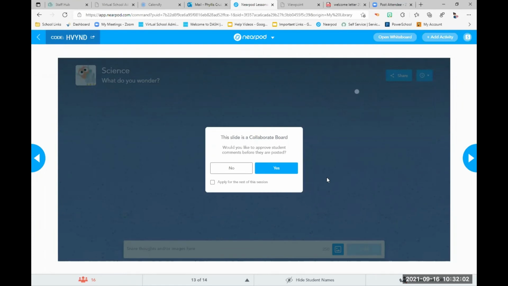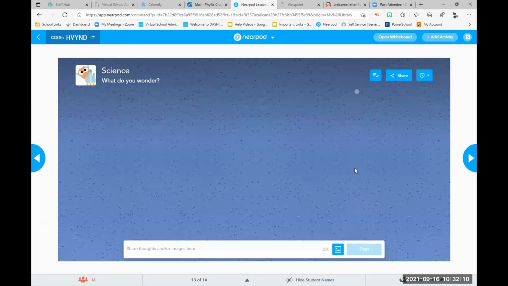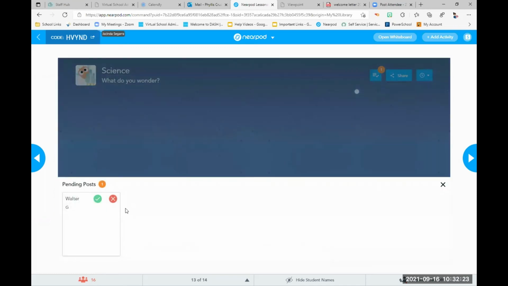Okay, so I want you to stop and think about something you wonder about, right? Why do dogs walk on 4 legs? These are all scientific questions. So think about something that you wonder about. Either type it in and then click post, or you can draw a picture. Oh, here comes one. Good scientists always wonder.